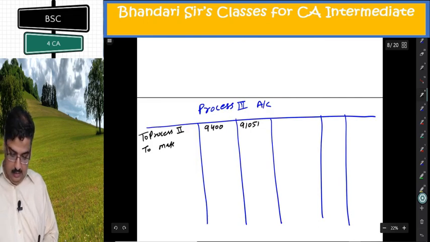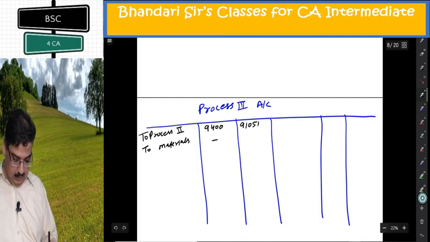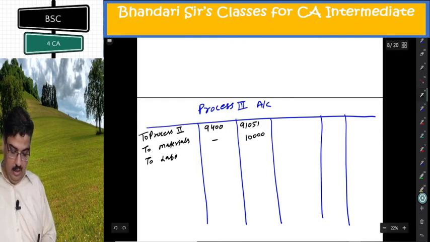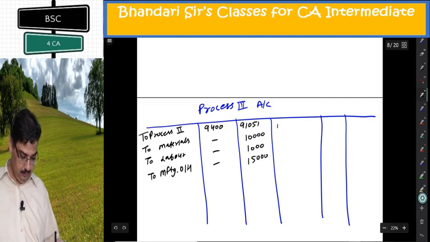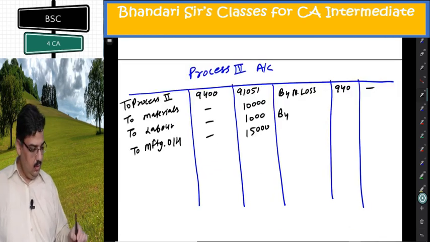To materials, more material was put there, 10,000 rupees, no units. Labor 1000, manufacturing overhead 15,000. By normal loss 940 units, nil scrap.